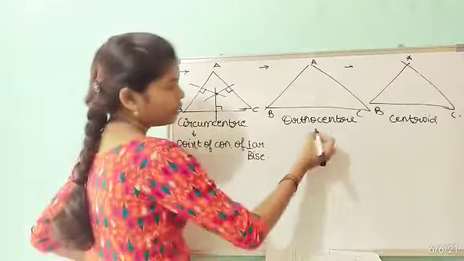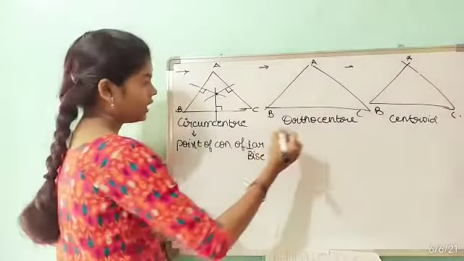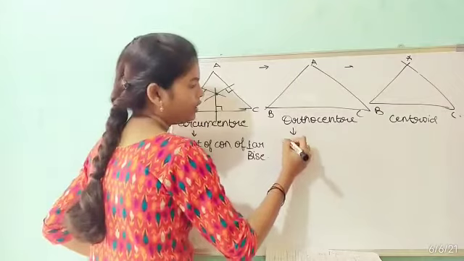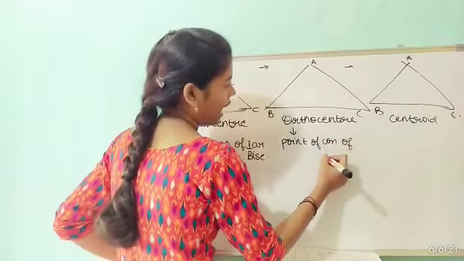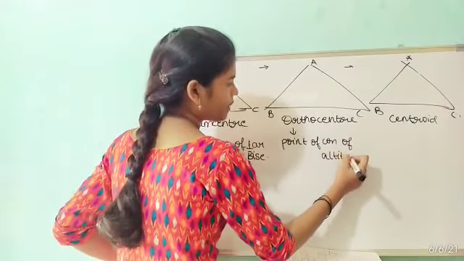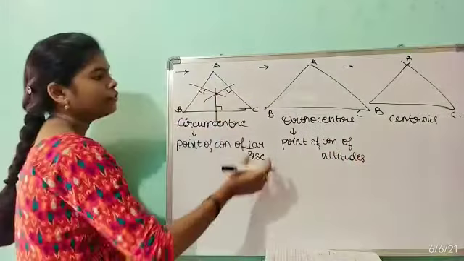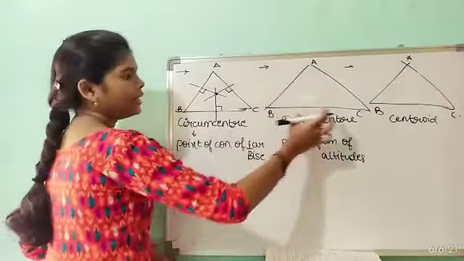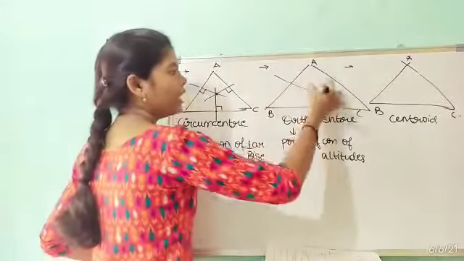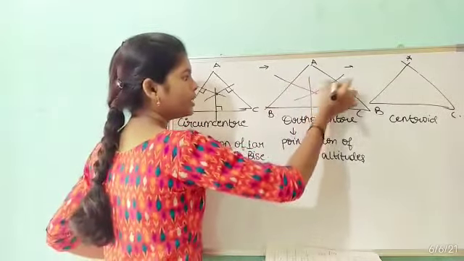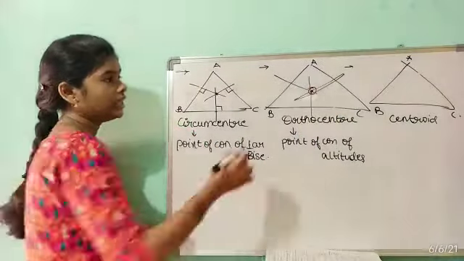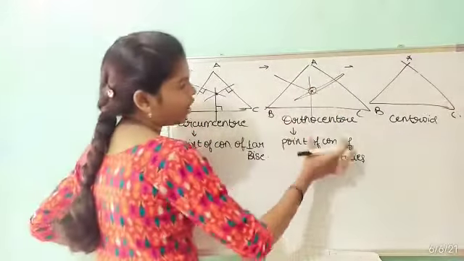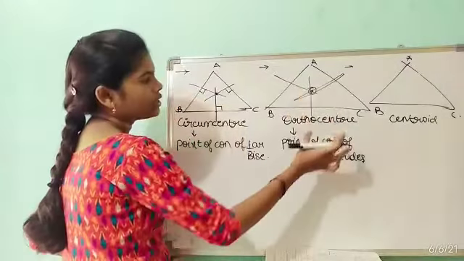If we define the orthocenter, it is the point of concurrence of altitudes. For these triangles A, B and C, where the altitudes meet each other, that point of concurrence is known as the orthocenter.